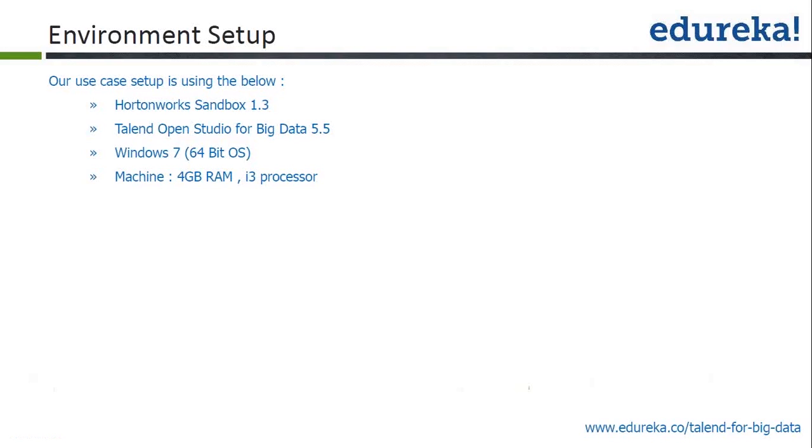We are using Windows 7, as you can see, and I'm using a normal laptop with 4 GB RAM and an i3 processor, so I'm not using any hi-fi configuration hardware here. I'm just using normal Windows 7, 4 GB RAM, i3 processor to get my big data sandbox, my big data box, and my Talend up and running and kicking off the MapReduce programming.